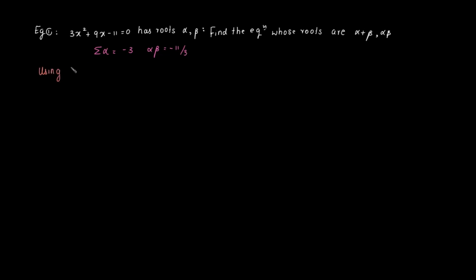So using the generic form of the quadratic equation I said before, let's construct the new equation. Remember that the new equation has roots alpha plus beta and alpha beta. So now let's construct the equation: x squared minus the sum of the roots, that's alpha plus beta plus alpha beta, times x, plus the product of the roots, that's alpha plus beta into alpha beta.